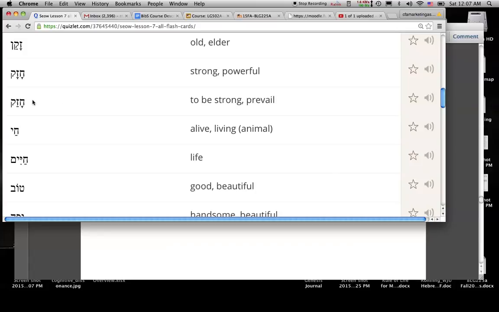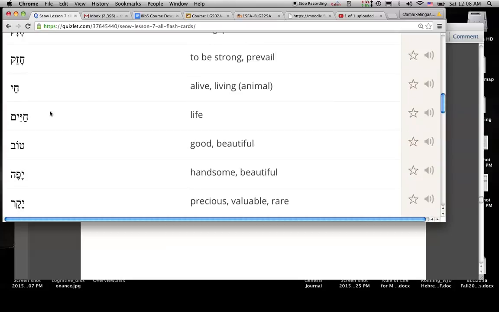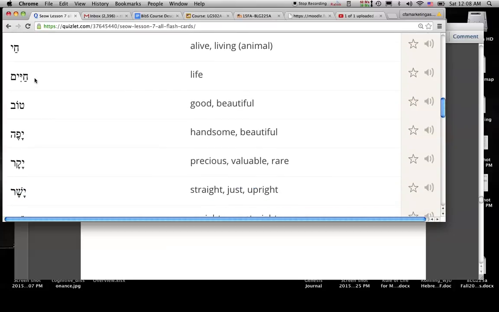And we have a related verb, very similar. You can see just slight differences here. Chazak, chai is alive or living. So, for instance, you could say ha'ish chai, the man is alive, or ha'ish hachai, the living man, depending upon whether it's predicate or attributive use.